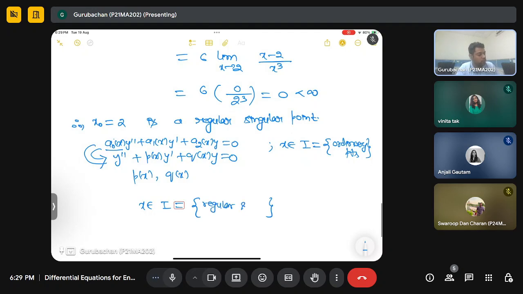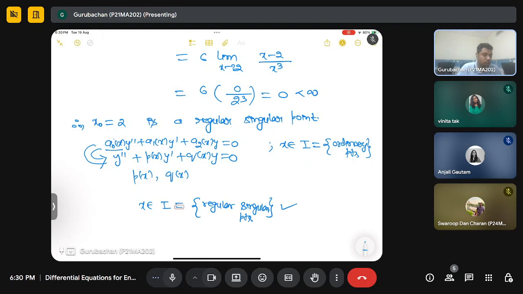regular singular points. So what will happen in case of regular singular points? In case of regular singular points, we can write our power series expansion. So in order to write that power series expansion, we will work with these regular singular points.